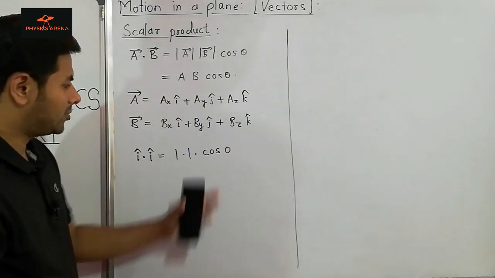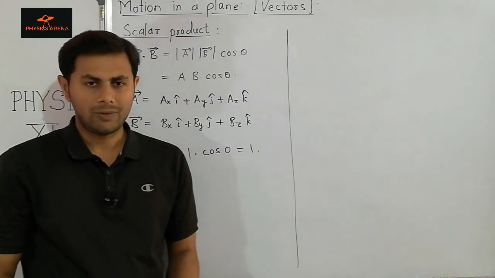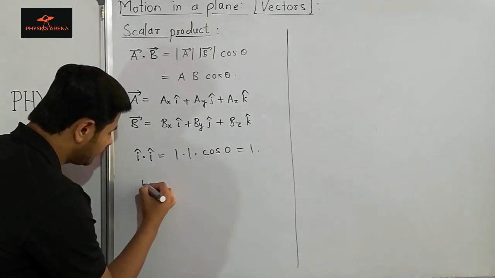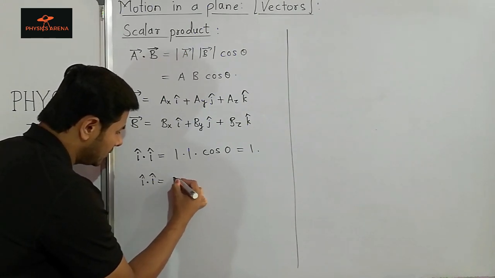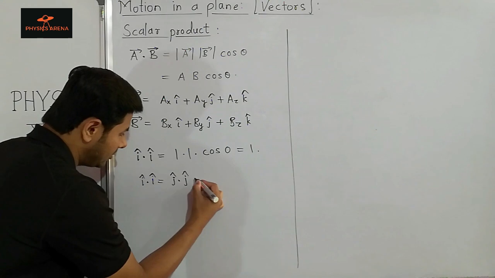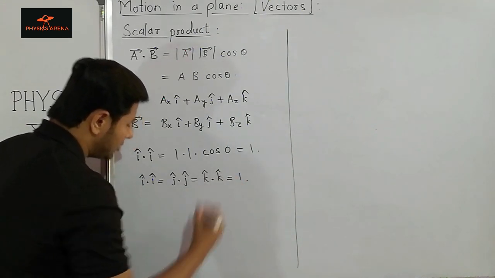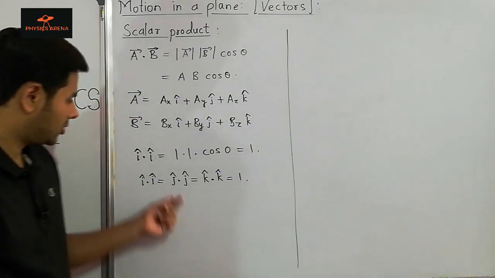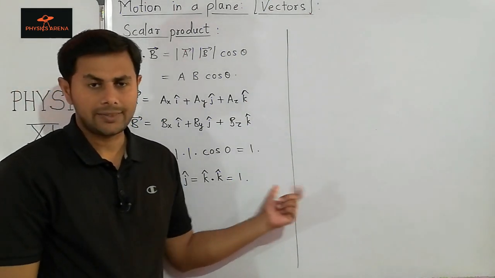Cosine of 0 is 1. So this is equal to 1. Therefore, I can write i cap dot i cap equals j cap dot j cap equals k cap dot k cap equals 1, because these are unit vectors along the y and z axes.